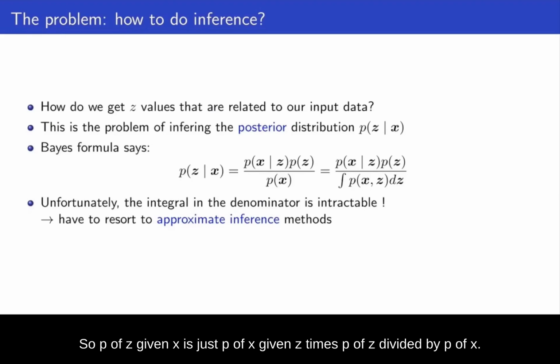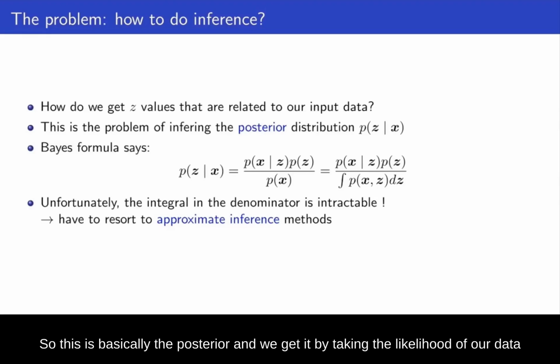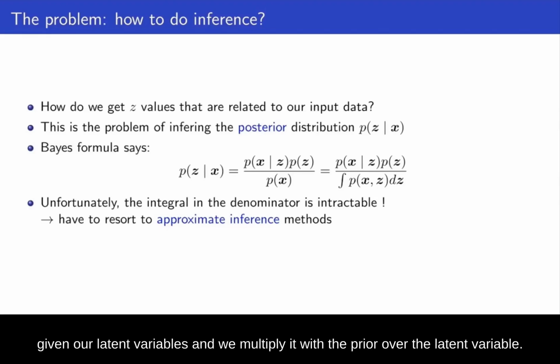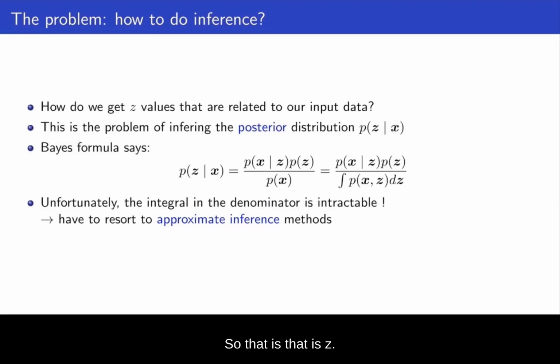P of z given x is just P of x given z times P of z divided by P of x. This is basically the posterior, and we get it by taking the likelihood of our data given our latent variables, and multiplying it with the prior over the latent variable, that is z.